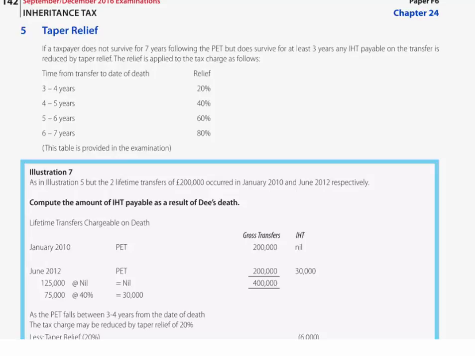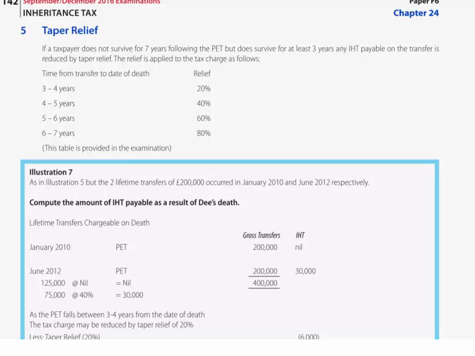If there's more than one such PET, we deal with each in turn in chronological order from the earliest first within that 7 years before death, and use up the nil rate band accordingly. As soon as the nil rate band has been used, then a 40% tax charge applies.